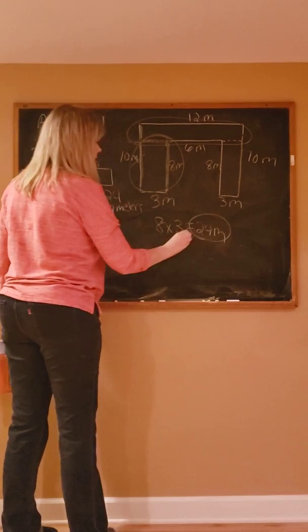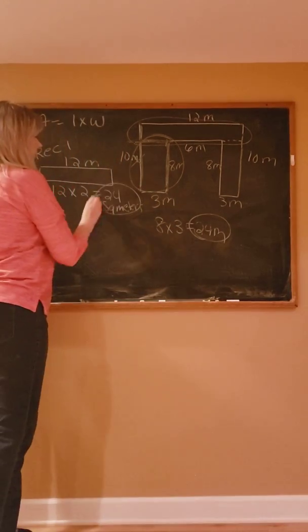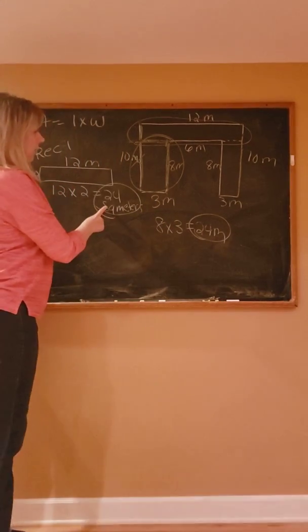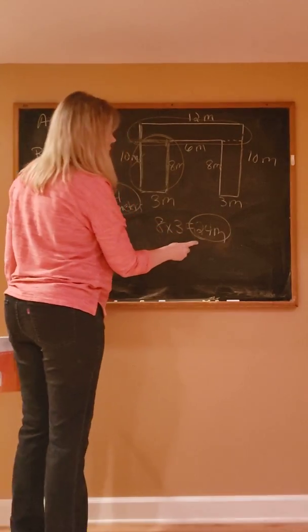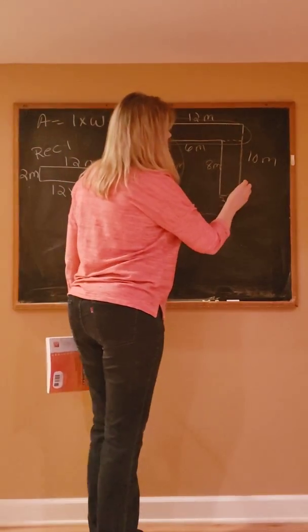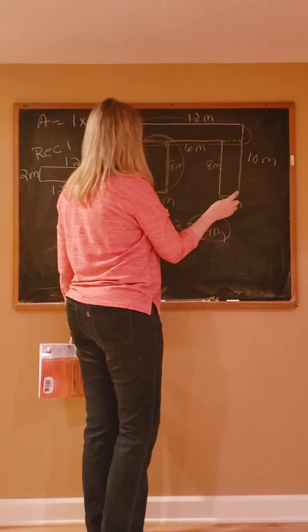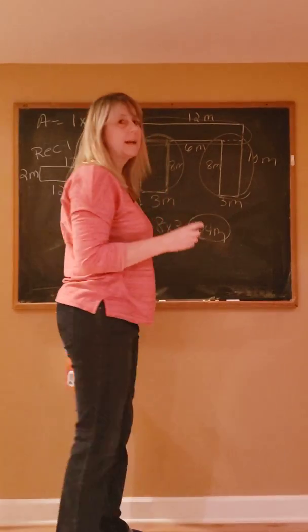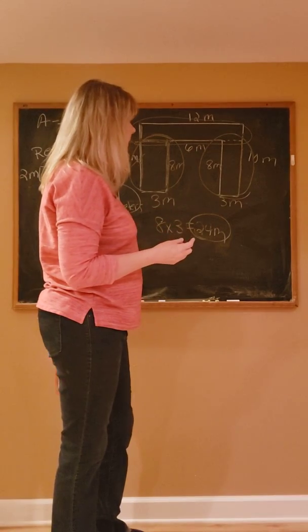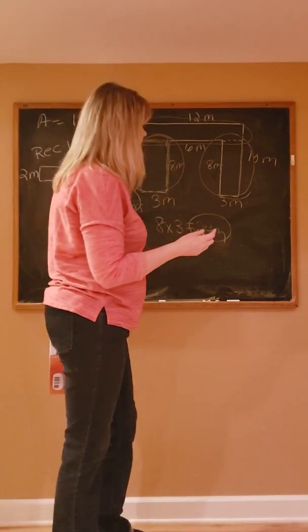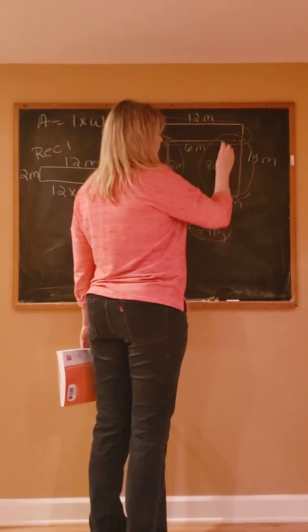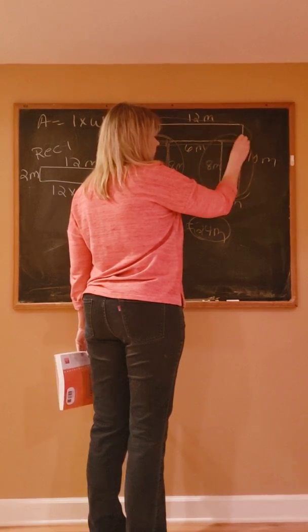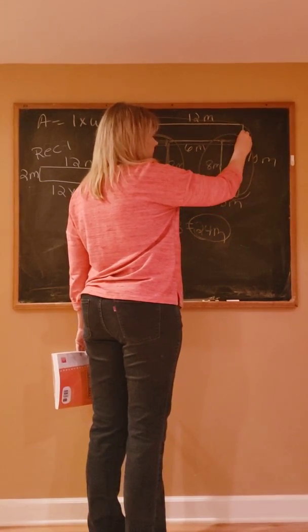So it's 24 meters. I have rectangle 1, rectangle 2, and now I am going to do the same thing over here. Again, this is the rectangle that I am finding the area of now. So once again, my rectangle is only going to go up to this line.